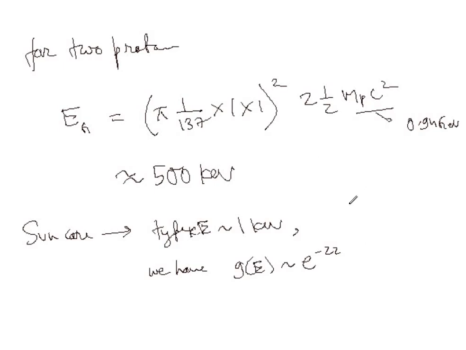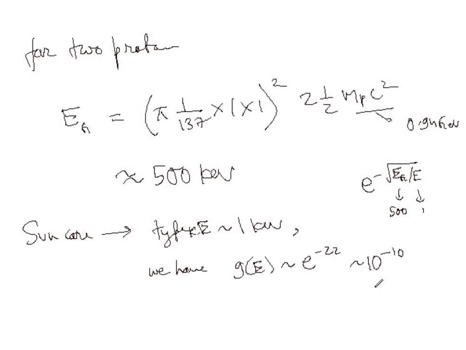So G is of the order of e to the power minus Eg by E, and putting in the value 500 and here 1, and doing the fraction, we get e to the power minus 22, and this is 10 to the power minus 10.